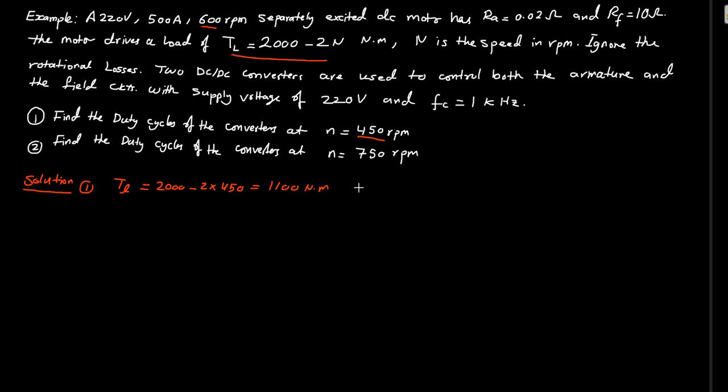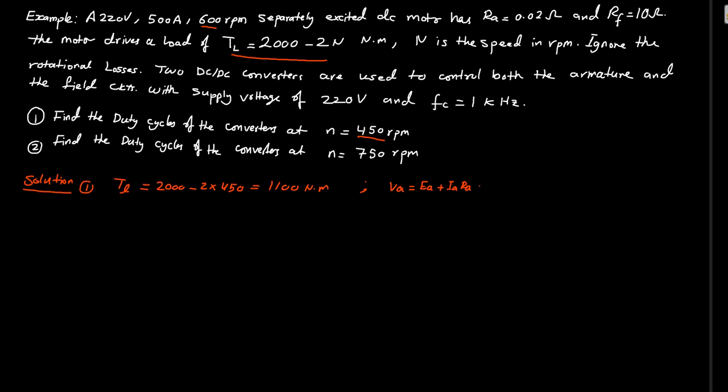Now simply, we can calculate the rated torque as follows. We know that VA is equal to EA plus IA RA.